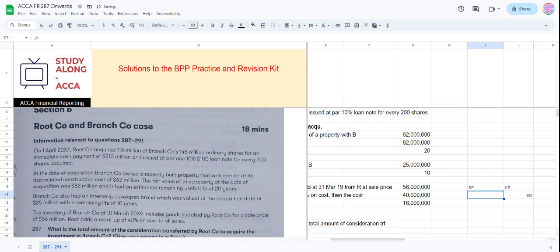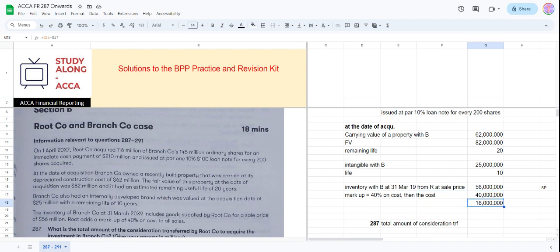Suppose our cost is 100, and because we have a 40% markup, our selling price will be 140. They are asking about 56 million. So when our selling price is 140, our cost price is 100. When our selling price is 56, we do a cross calculation here. It will be 40 million.